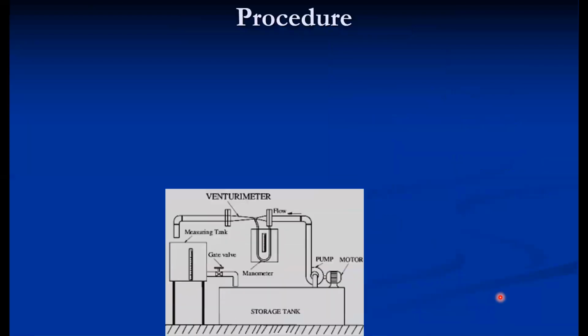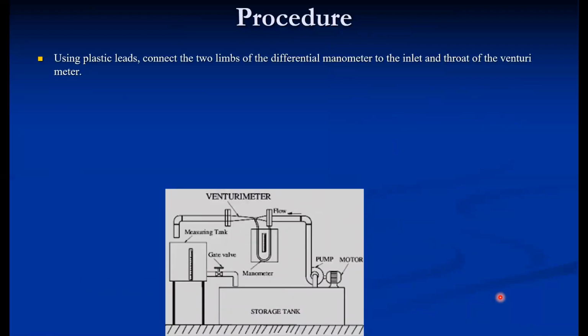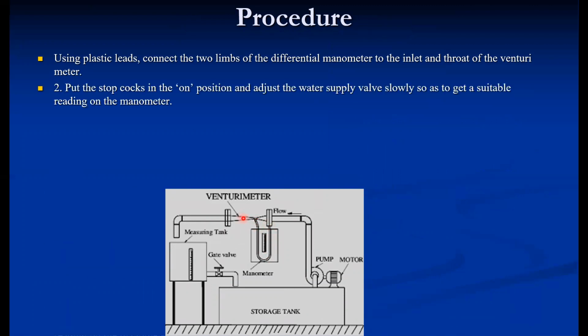Now the procedure part. First, using plastic leads, connect the two limbs of the differential manometer, that is, the inlet and throat of the venturimeter. Then put the stopcock in the on position, and adjust the water supply valve slowly so as to get a suitable reading on the manometer.